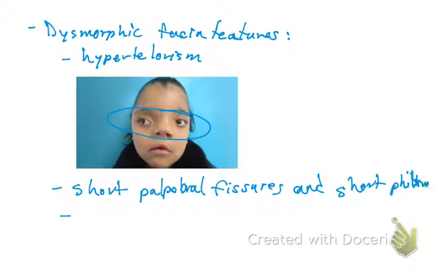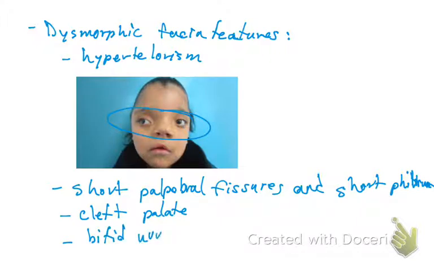Sometimes handwriting is not the best, but it's okay, at least we hope that everything is clear. And also cleft palate and bifid uvula. The patient can have all of those.